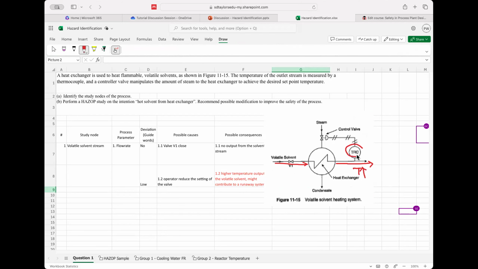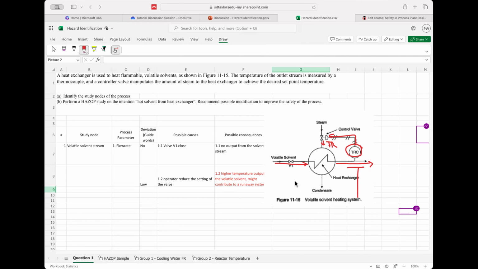So over here it feeds back to this control system to say reduce the flow rate. When you have reduced flow rate, it actually helps us maintain the temperature of the output. So this is what we call a prevention from getting a higher temperature output.